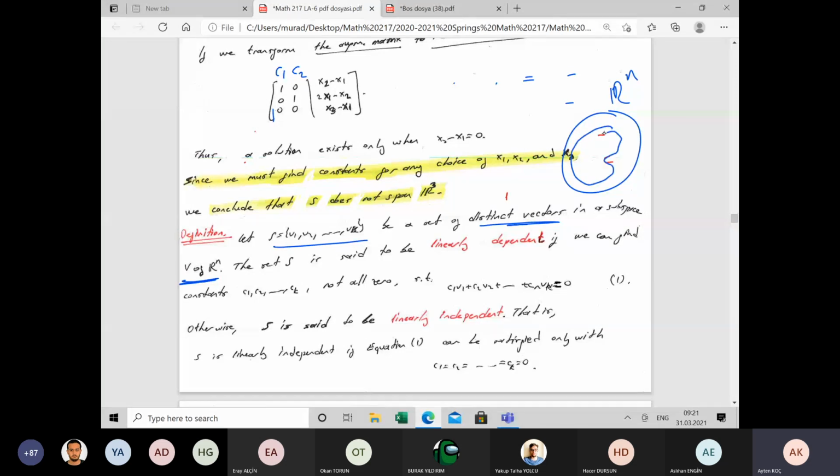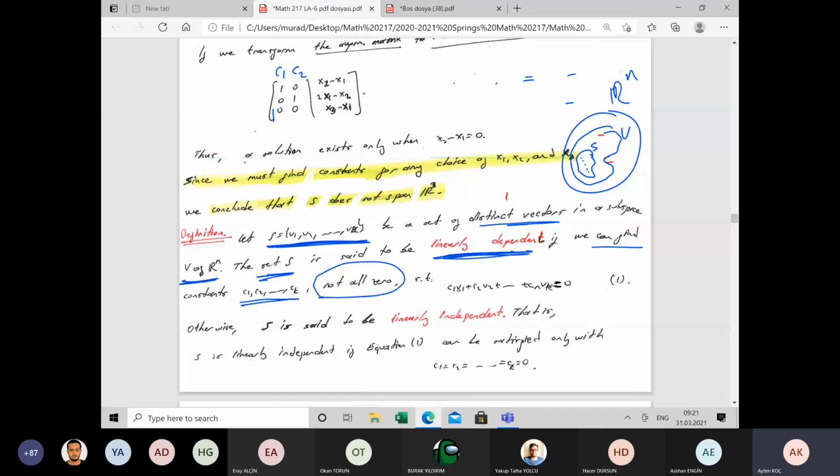We can say that S is a linearly dependent set if we can find c1, c2, up to ck, not all of them 0, such that c1 v1 plus c2 v2 plus up to ck vk is 0. Look at this equation.